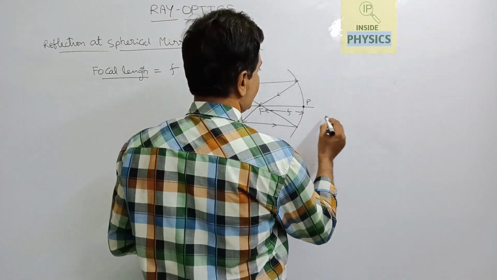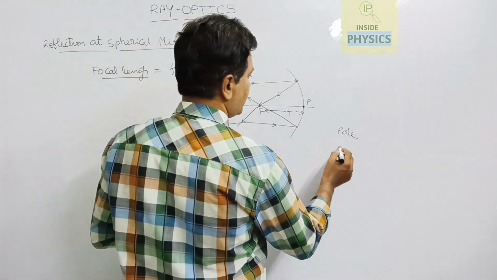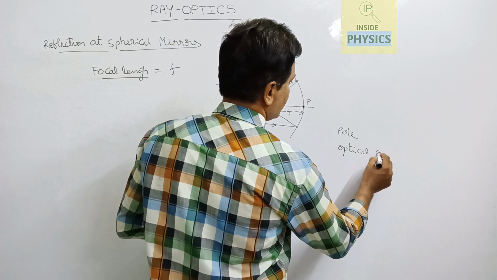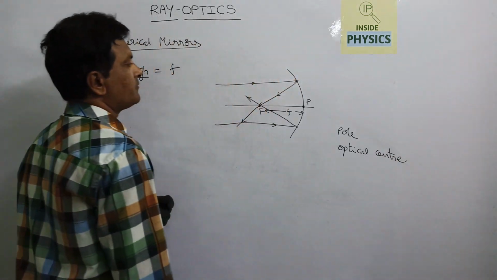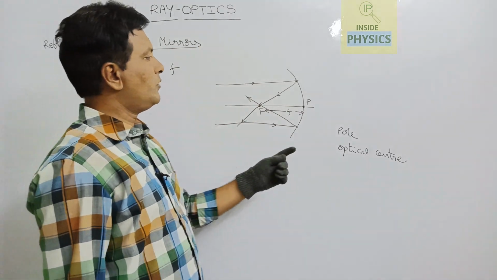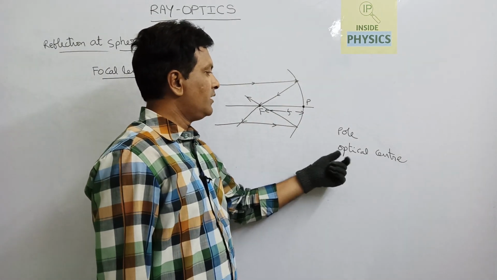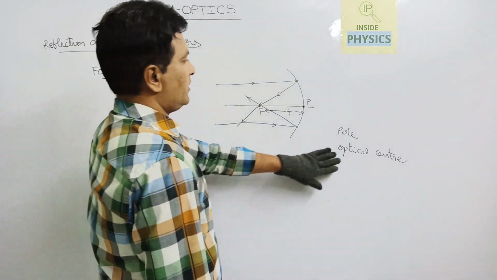In case of a mirror, it is called the pole. In case of a lens, it is called the optical center. So these two terms you should remember. What is a pole? What is an optical center? In which case it is called the pole, and in which case it is called the optical center.